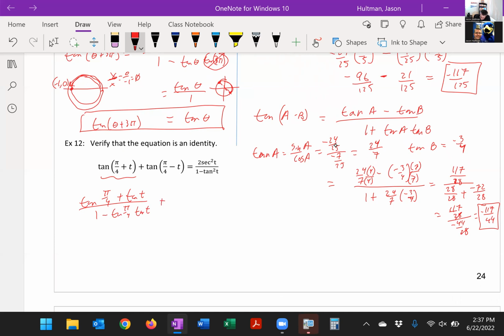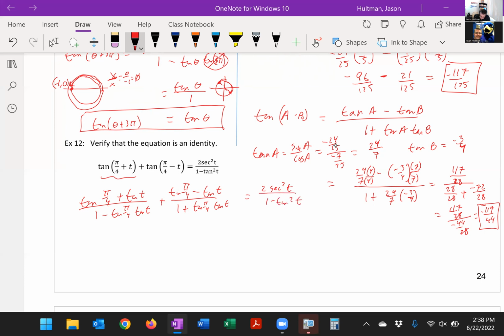this one over here, which is going to be the tangent of pi over 4 minus the tangent of t, all over 1 plus the tangent of pi over 4 times the tangent of t. Does that equal 2 secant squared t over 1 minus tangent squared t?